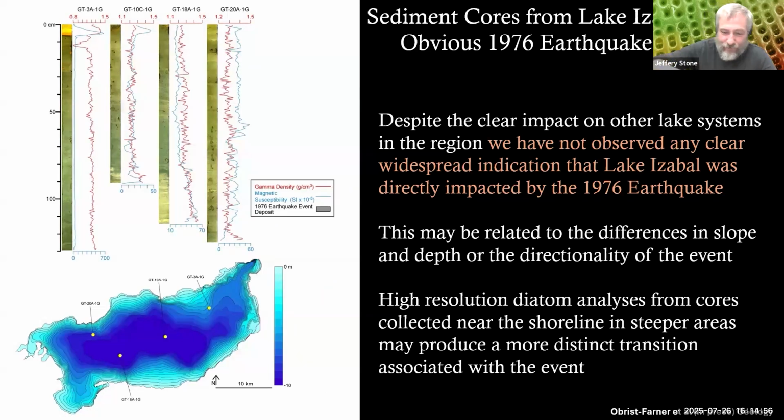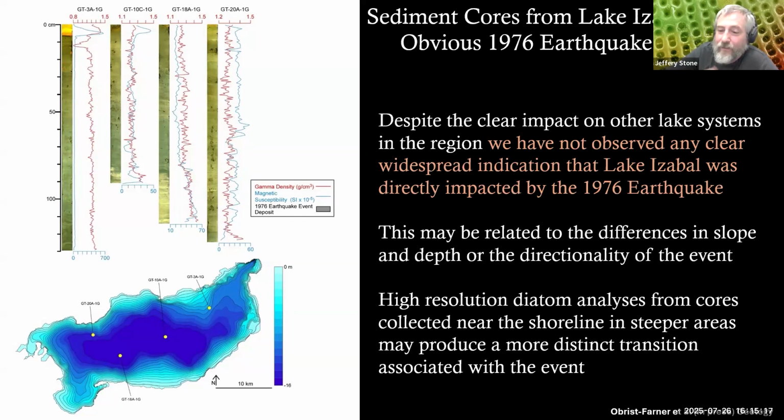Because we essentially have a series of lakes that go all the way around the margin of the fault, the ones on the western edge, where the direction of the fault was highest, got the most shaking. And we think maybe even though Lake Isabel is fairly close to where that fault is, it didn't experience as much of the directionality of those earthquakes.